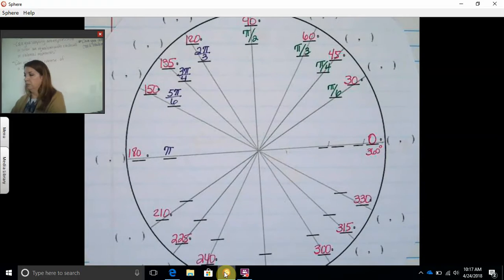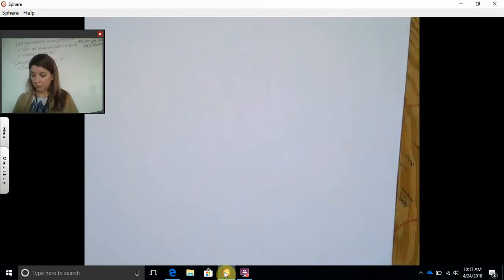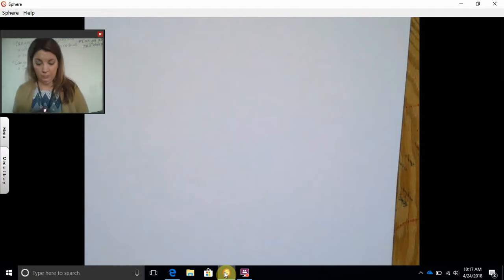Do that quadrant on your own. Make sure you reduce.